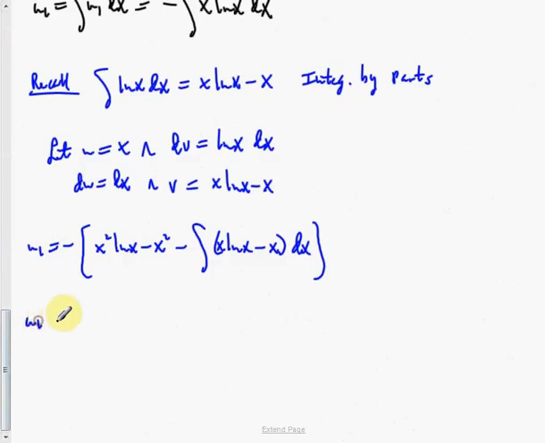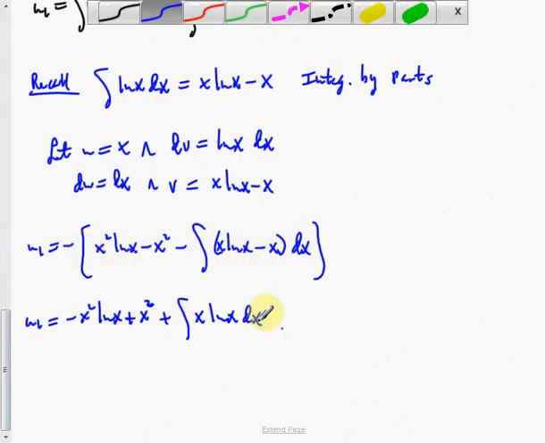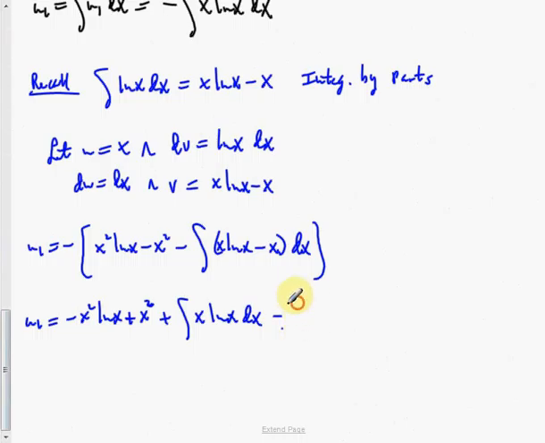So this guy is equal to negative x squared natural log of x plus x squared plus the integral of x natural log of x dx. See, this is negative, negative. This is plus. Well, it's another negative there. So three negatives. So this is minus the integral of x dx.